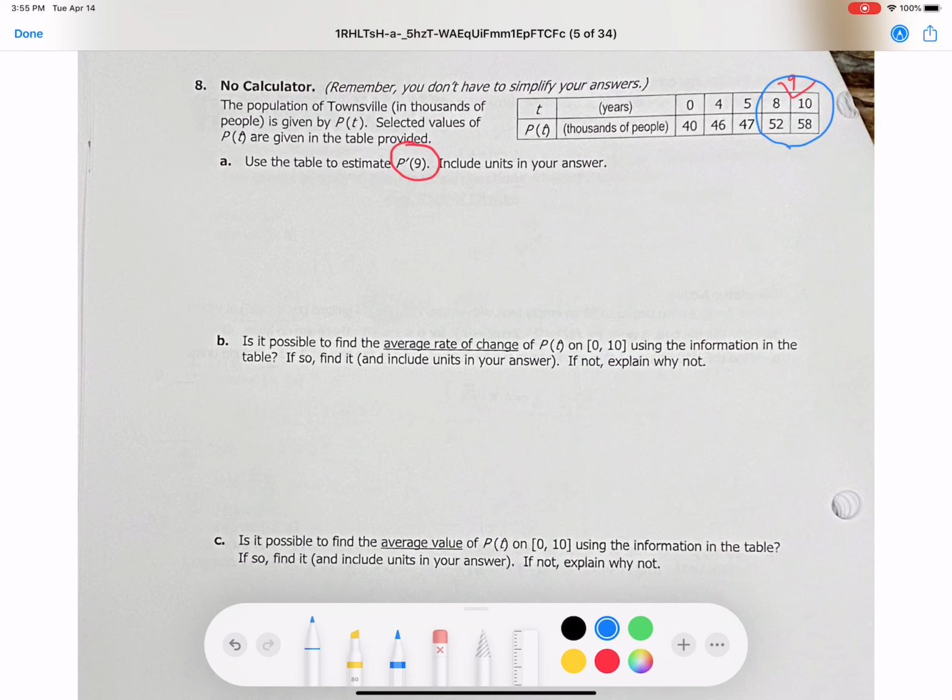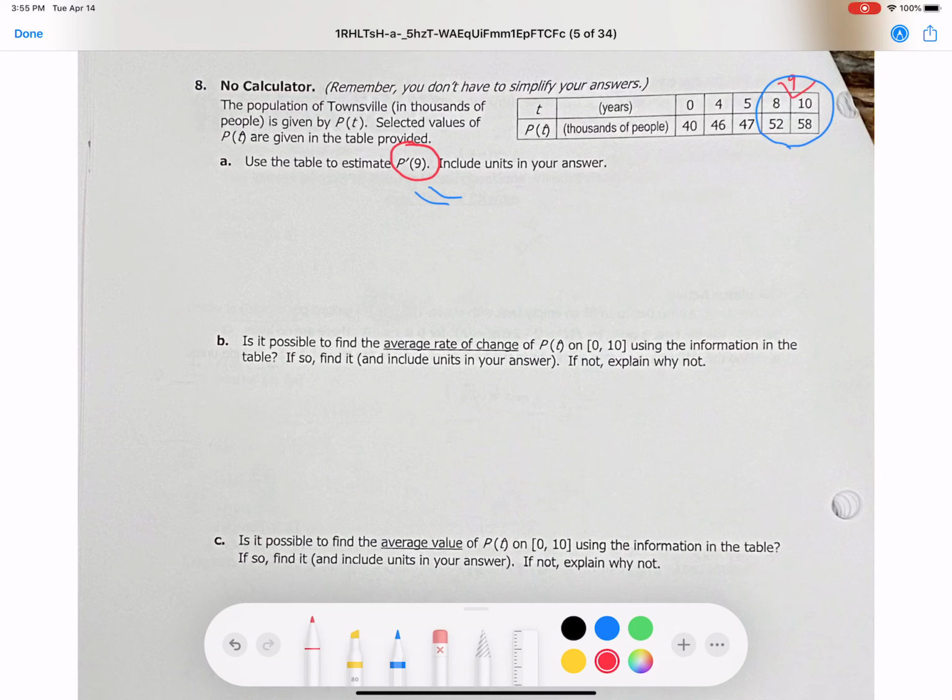That's why we use those two points, t equals 8 and t equals 10, because 9 is between 8 and 10, and just find the average rate of change, the slope of the line between those two points. That is not guaranteed to be exactly equal to P prime of 9, but it should be very close to that number. This approximation method using a line, we call linearization.